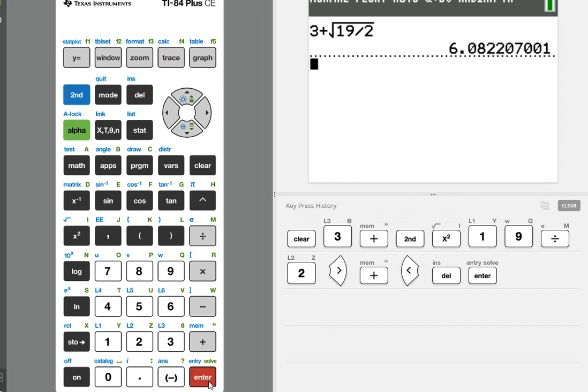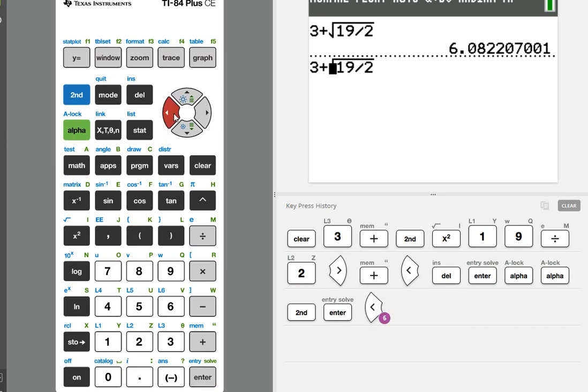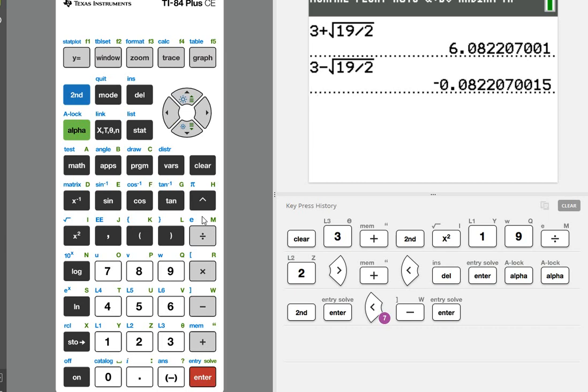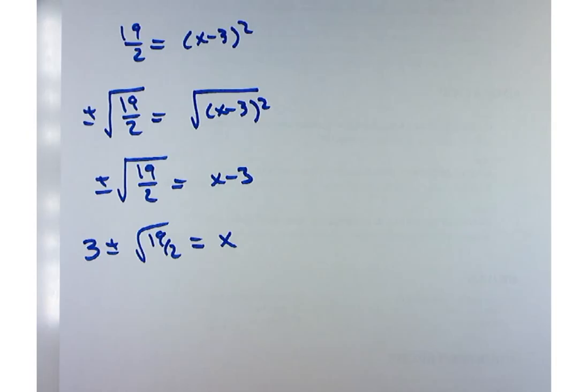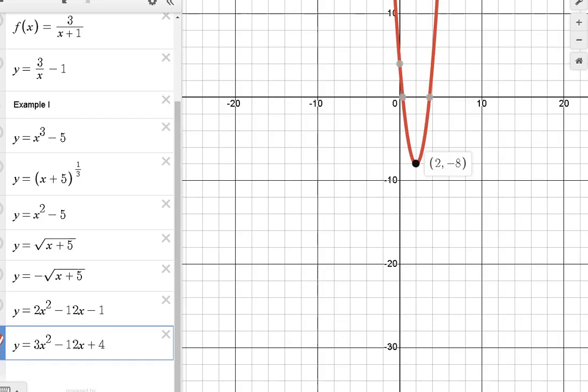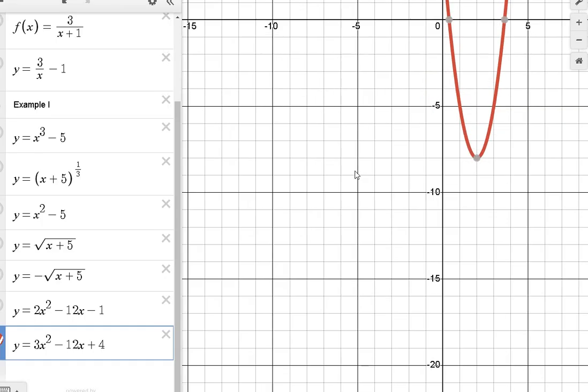Oh, 6 something. Okay, yeah, 6.082. And then the other solution, if I want to get the other solution, I'll just go back and change that to a minus. And negative 0.08 something. If you look at the graph you should be able to confirm that kind of stuff.